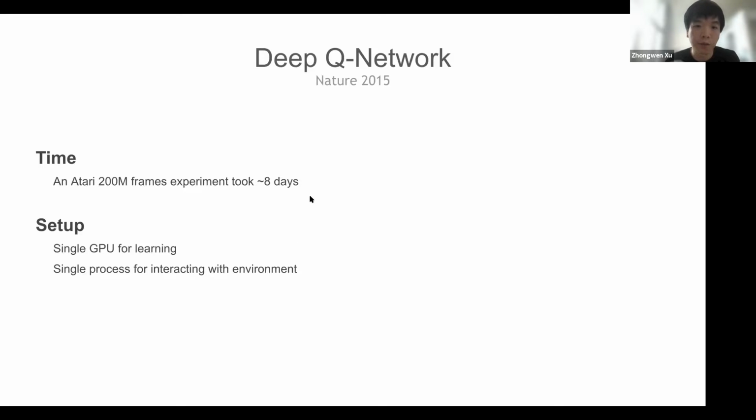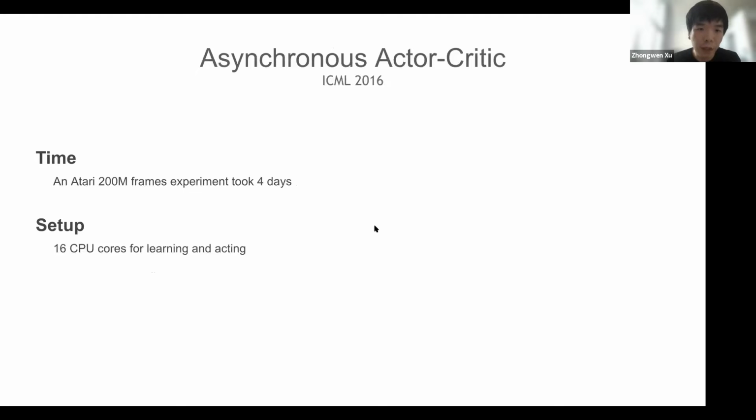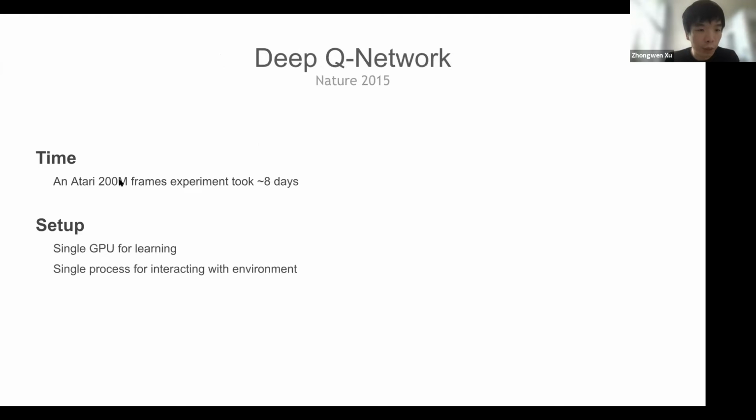However, it was the first breakthrough of deep reinforcement learning. After that, people tried various ways to speed up the training, because if this is only one single experiment on one single game, on the full Atari sweep there are 57 games. So it would take enormous time for researchers to report their progress.